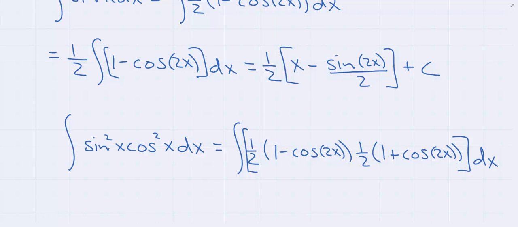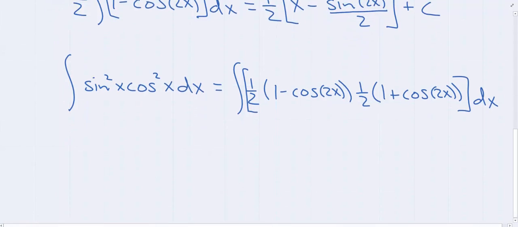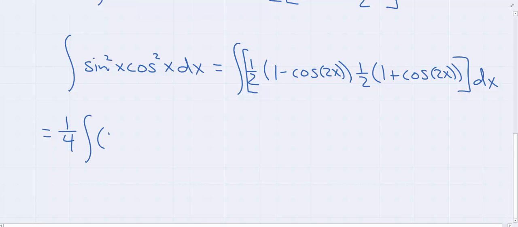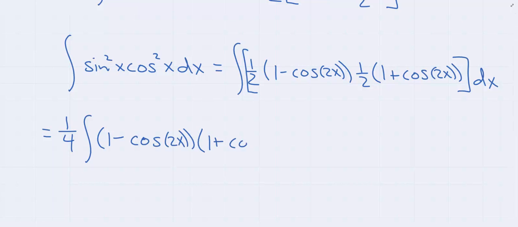Notice that I can take the 1/2 here and the 1/2 here, multiply those, and set them on the outside. You're not going to factor out a 1/2; you're actually going to multiply them and then set the 1/4 on the outside. So what we have is 1/4, and then we have 1 minus cosine 2x times 1 plus cosine 2x.